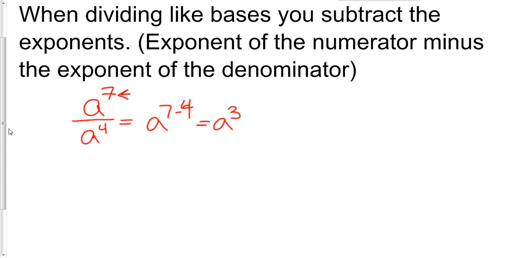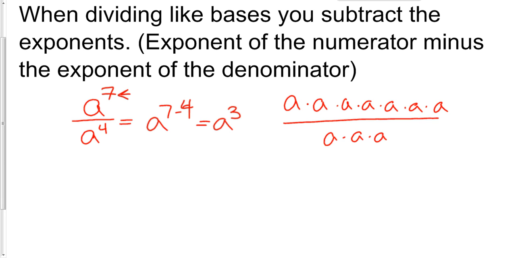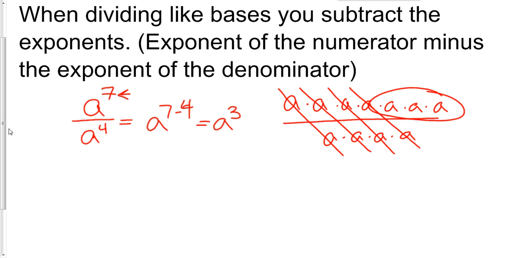The reason this works is you have 7 a's on top being multiplied together, 4 a's on the bottom. We can cancel out, and we're left with 3 a's.